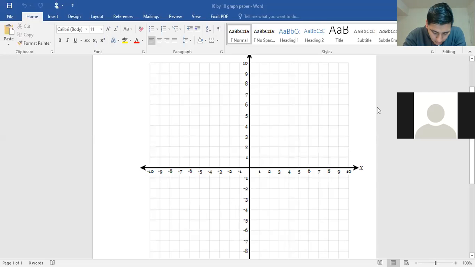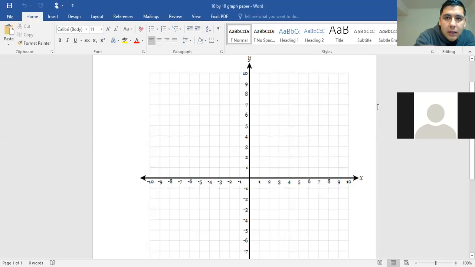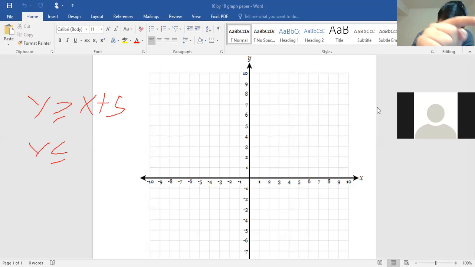Okay, so we have our graph here. We have y is greater than or equal to x plus 5, and y is less than or equal to x minus 4. So this is our system right here.